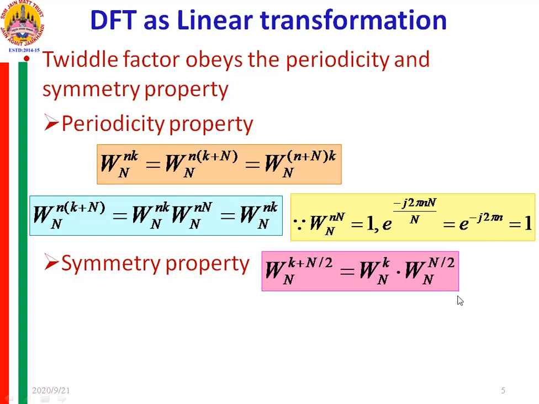Here small n is not there, this is W raised to N by 2 only. So if small n is also not there, then this exponential term becomes e raised to minus j pi. What is the value of e raised to minus j pi? The value of e raised to minus j pi is minus 1, and therefore this W raised to (k plus N by 2)n is equal to minus W raised to kn.